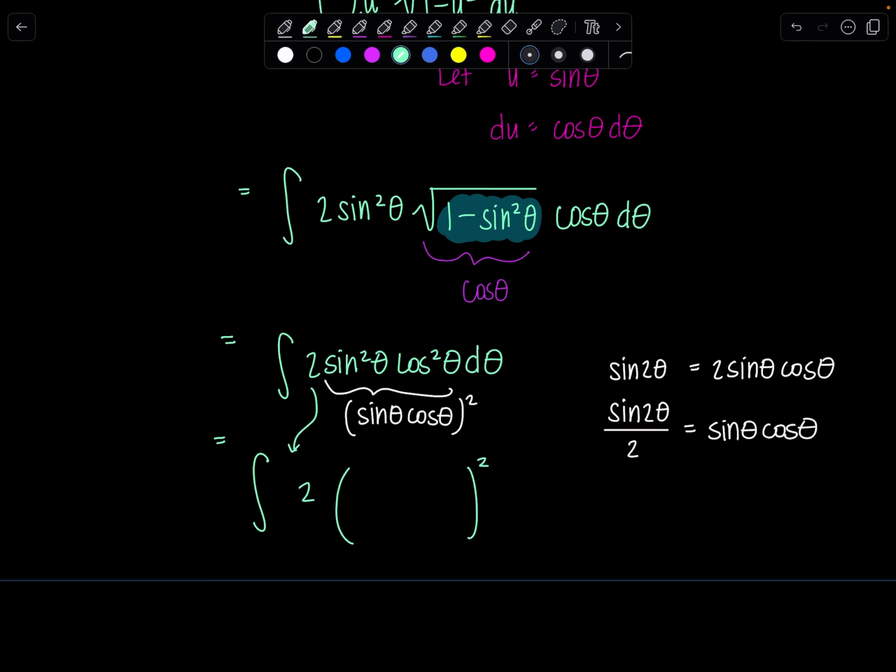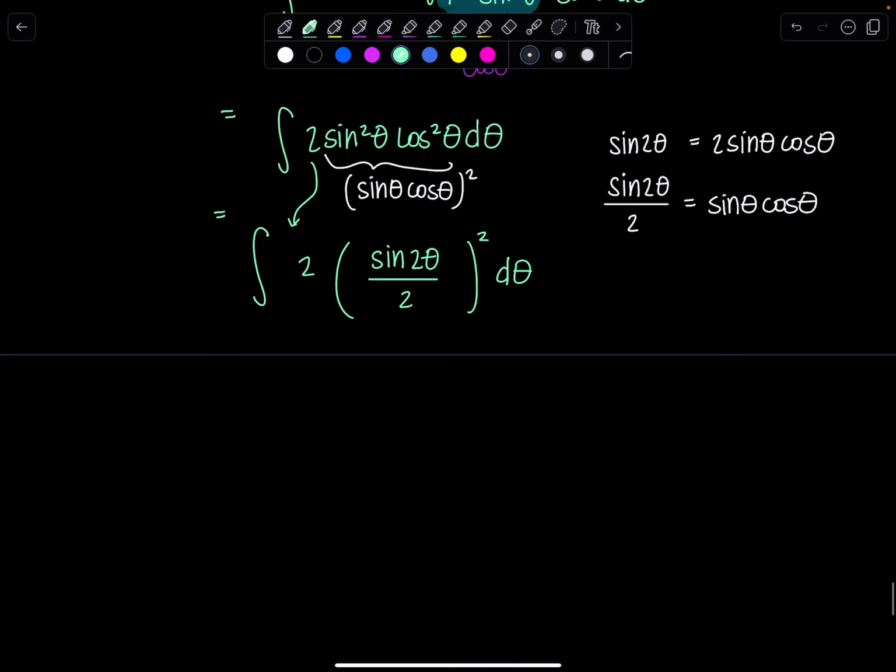And then instead of sine theta cosine theta squared, I'm going to write sine 2 theta over 2 squared d theta. Good? Okay, then I just have less trig functions, and then I can use some identities to help me integrate. This is going to become a 4 in the denominator, but I have a 2 sitting out here, so that's just going to all simplify to 1/2. Let me take it out. And then I've got sine squared 2 theta d theta.